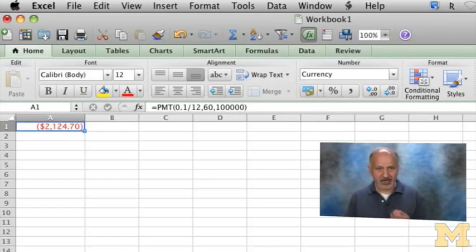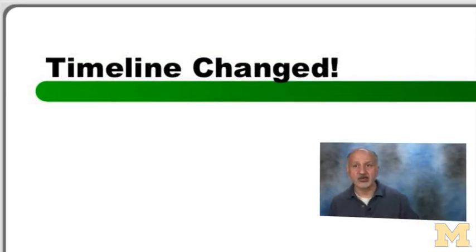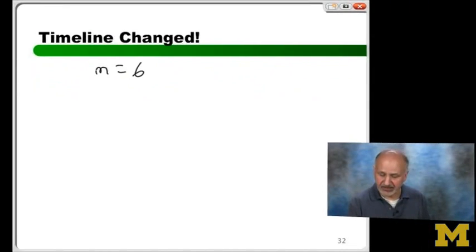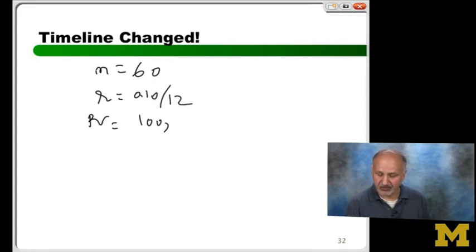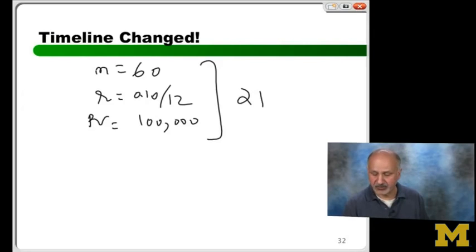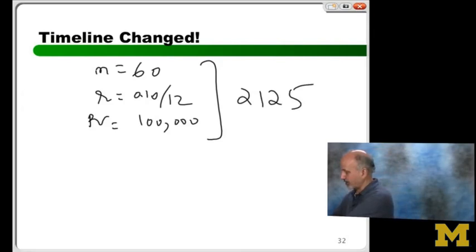So you see what I've done? I've just simply taken the fact that I know that I can mess with the timeline. So I've made N 60. I have made R 0.1 divided by 12, and my PV, the amount of the loan, was 100,000. And I came up with, I believe, 2125. Let me just double check that the number is right.